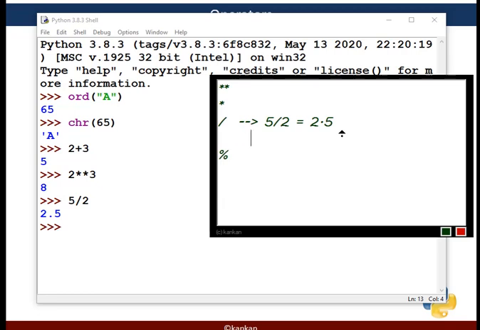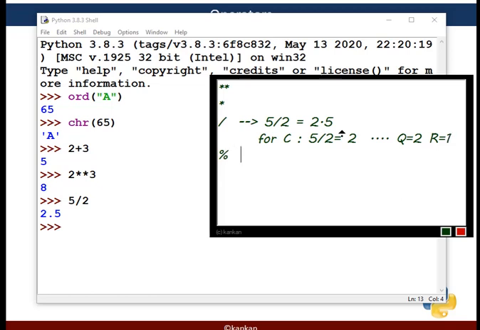But in C language, that means if you are using C++, if you write it, the value will be 2. Only the quotient value will be generated, and the remainder will be 1.